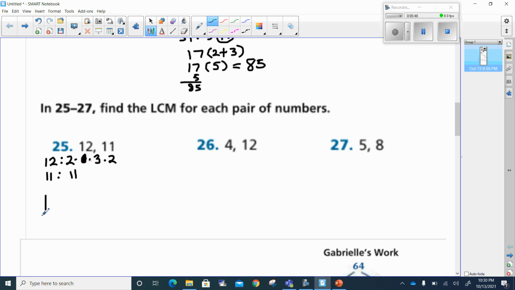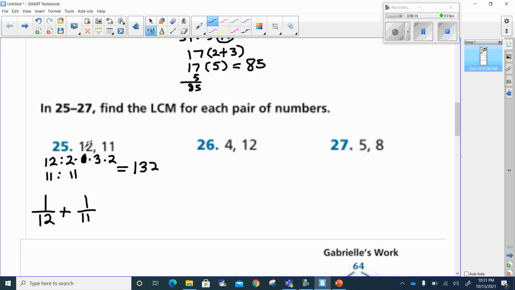You could kind of look at it like if you were working with fractions and you were adding them. You're trying to find what is the common denominator. You realize that there's no numbers that these two go into, so the only thing you do is multiply them to each other, and that means the least common multiple is going to be 132.